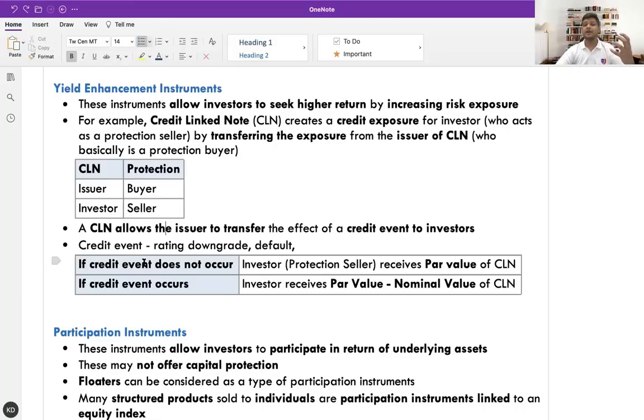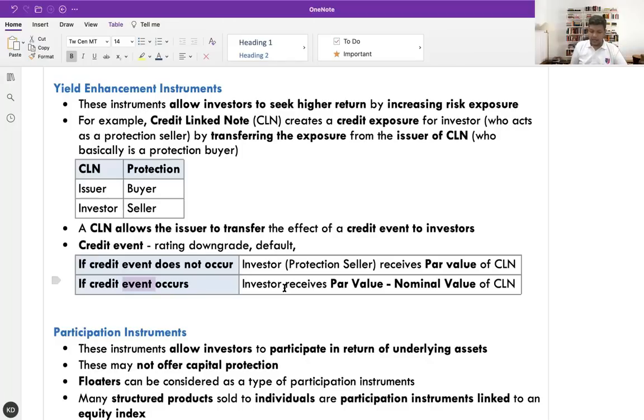Now, in what case may I lose the money? If there is a credit event. What is a credit event? What if there is a sudden fall in the credit rating, or what if the company defaults? In such a case, if there is a credit event, then the investor in the CLN will lose money.